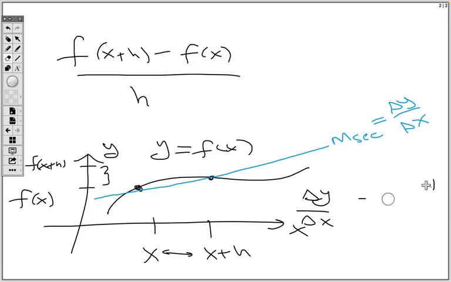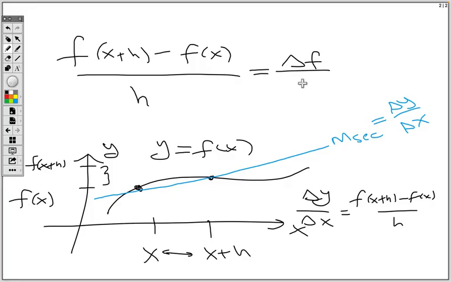Let me rewrite that there. So geometrically, we can think of this as a slope. More generally, we can think of this as the change in the function over the change in x.